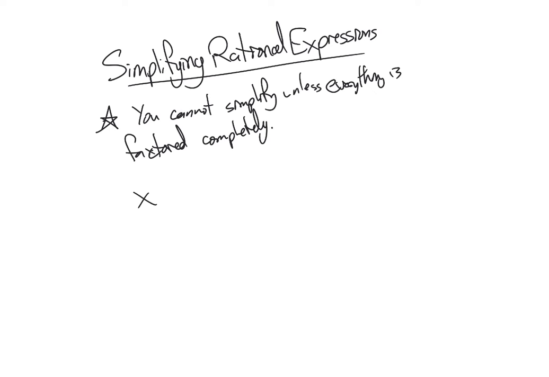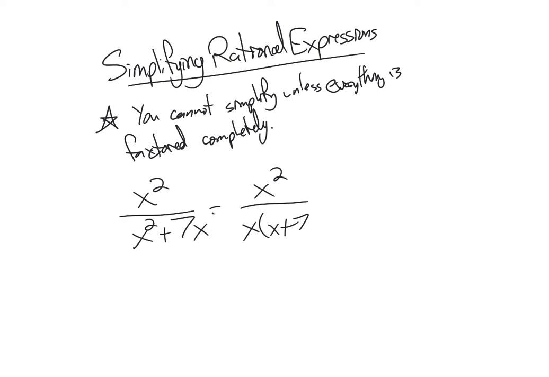For example, if I have x squared over x squared plus 7x, I cannot say, oh, I have an x squared here and an x squared here. That's not how it works. You need to factor it completely. So I'd have x squared over x times x plus 7.